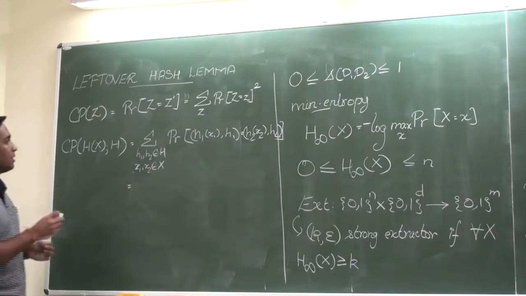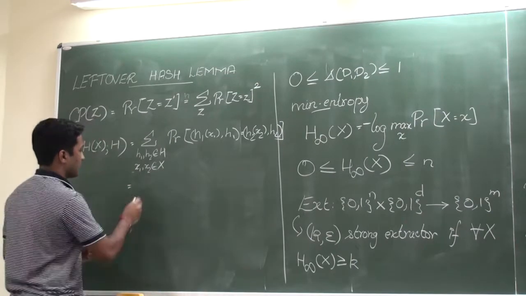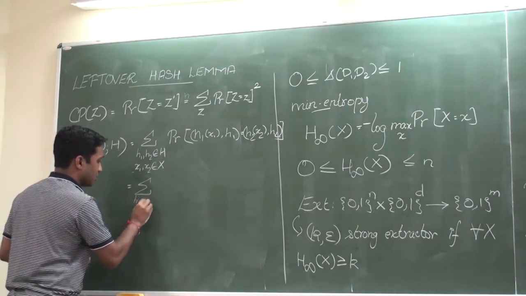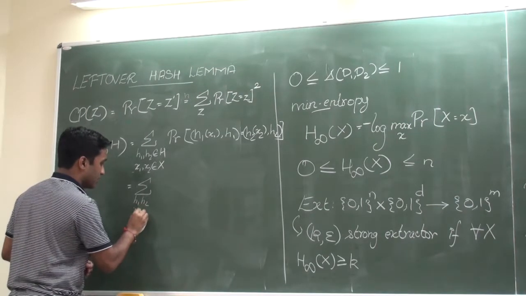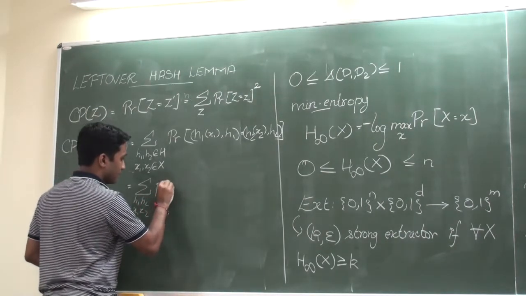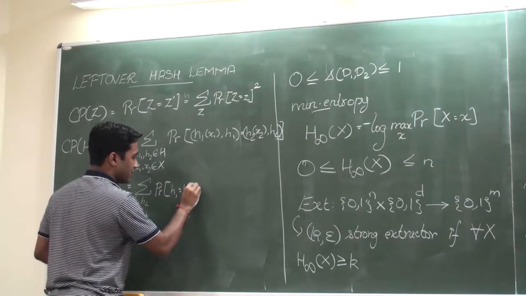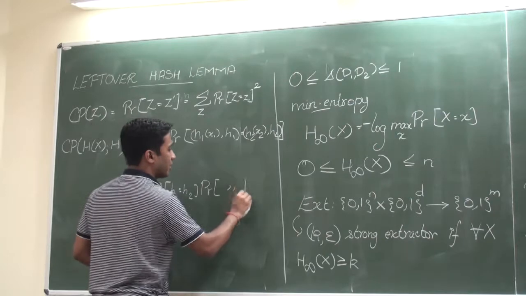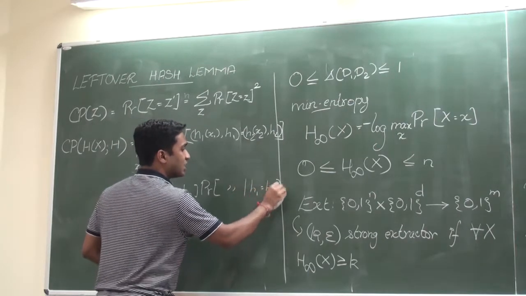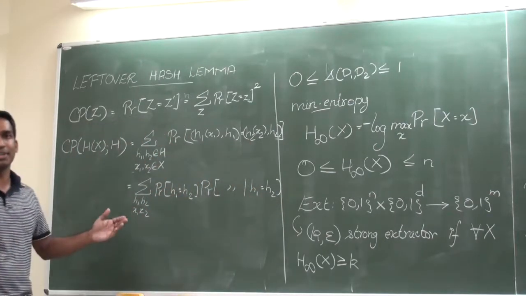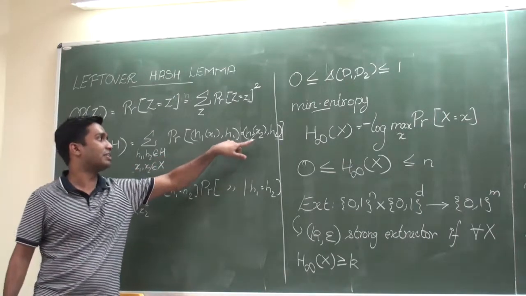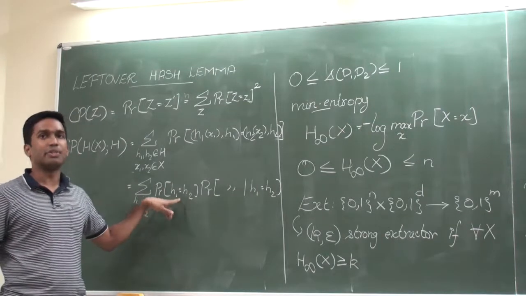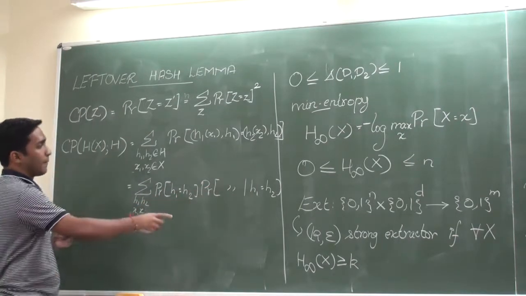Now you can write it as the summation over h1, h2, x1, x2 of the probability of h1 equal to h2, times the probability of the same thing given h1 equal to h2. Because if h1 is not equal to h2, obviously it won't be equal, so that will be 0.